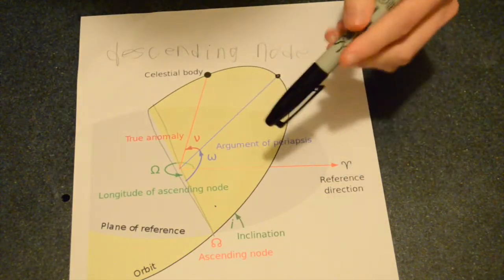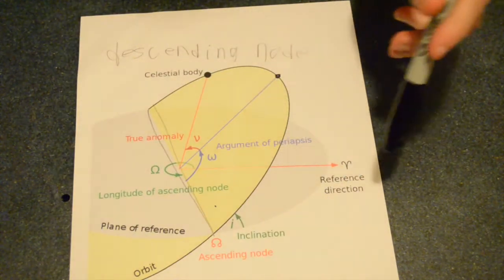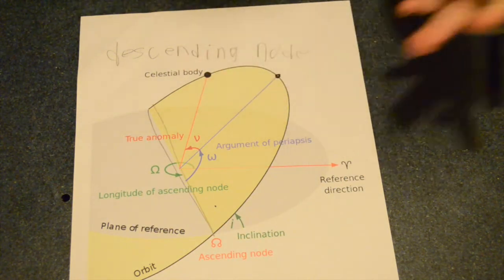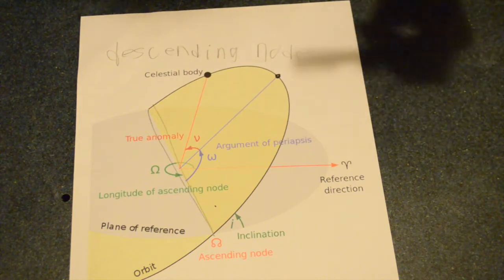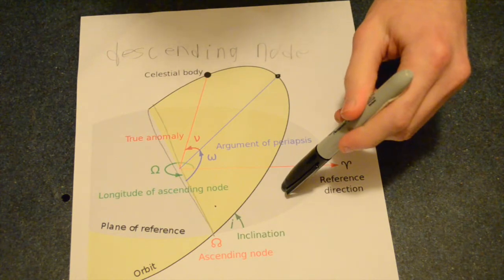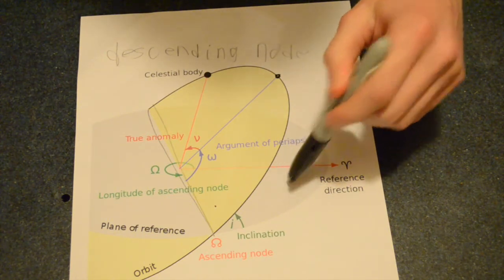Anyways, now to determine the rotation of your orbit, and the three different rotations that you can have in 3 dimensions. First, you need to define the reference plane, which is typically the equator.